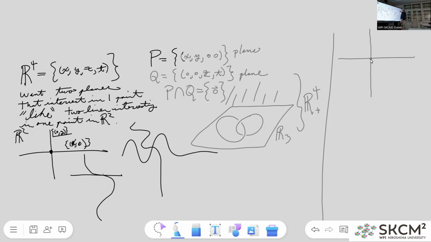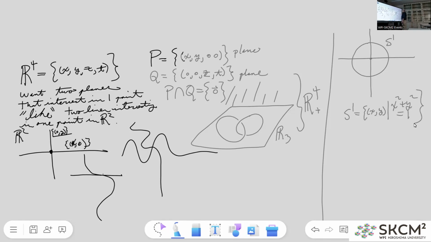Here in the lower dimension of R2, I have two lines that are intersecting in a point. Now, what if in R2 I considered the circle? A circle is equal to the set of (x, y) such that x squared plus y squared is equal to 1.